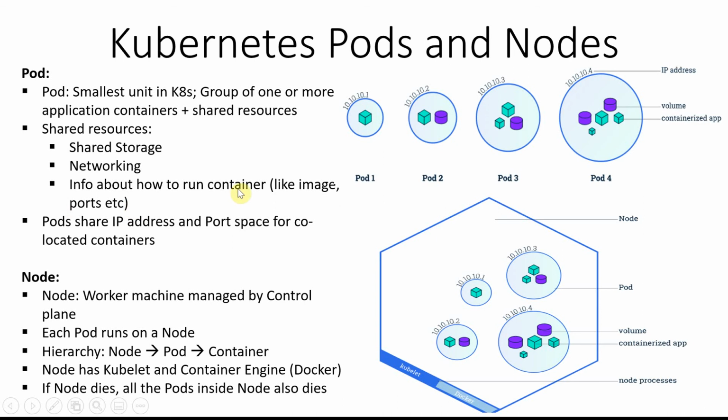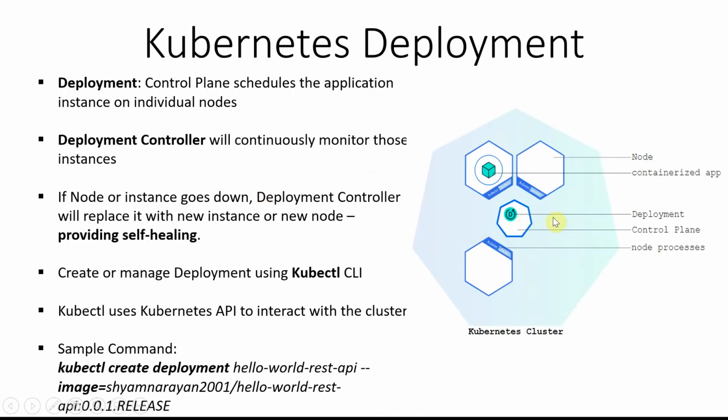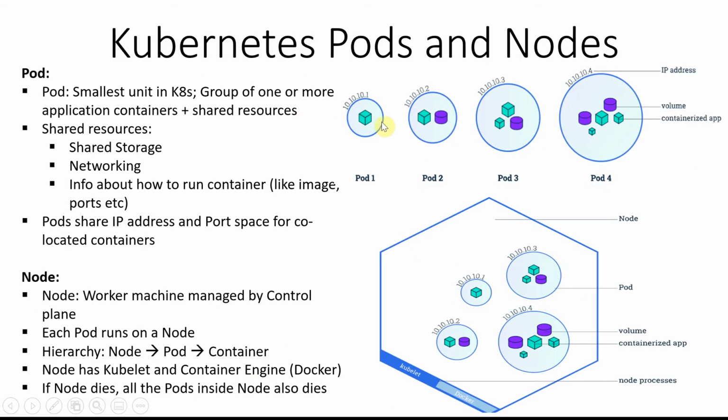Whenever we create a deployment, we are just giving the image name, which is nothing but your container image, and using this image, it creates a pod. As I said, a pod is nothing but a group of containers. It could be one container, or it could be many containers. That is what is depicted here.